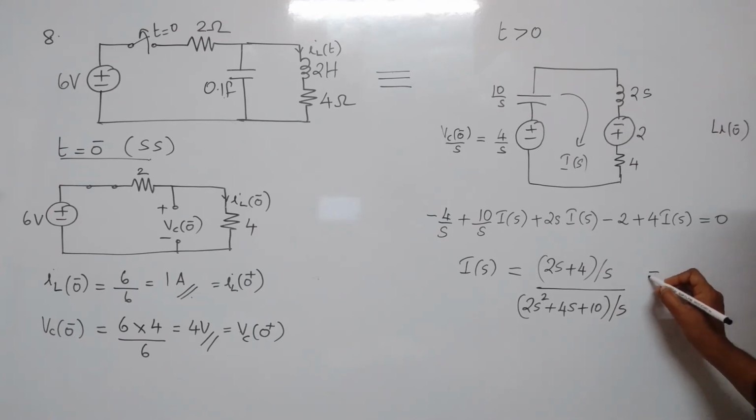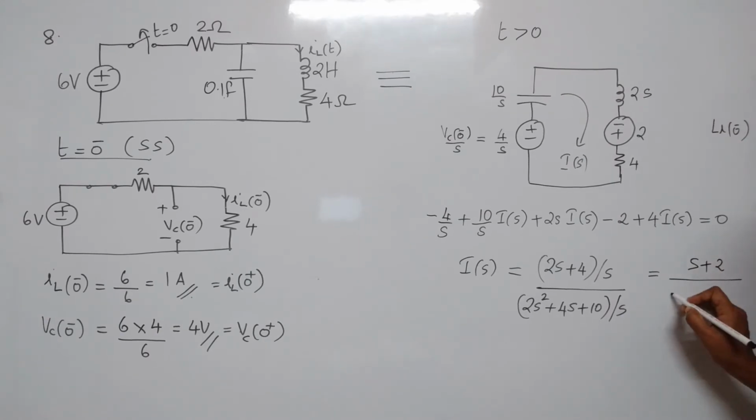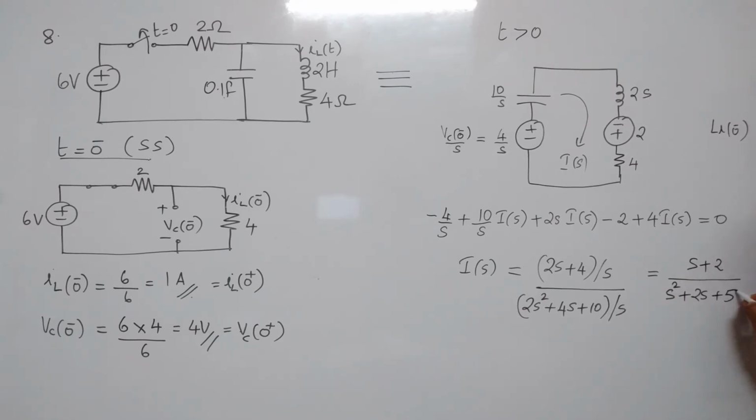On further simplification, we will get S plus 2 by S square plus 2S plus 5.